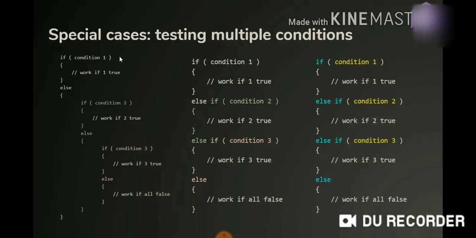Another special case exists. If I am looking for one correct condition, or one true condition, from a set of multiple conditions, the nested logic might look something like this. If condition 1 is true, I want to do work one, otherwise, I am going to say, well, if the second condition is true, I want to do work two, or otherwise, here's my else, I want to test another condition.